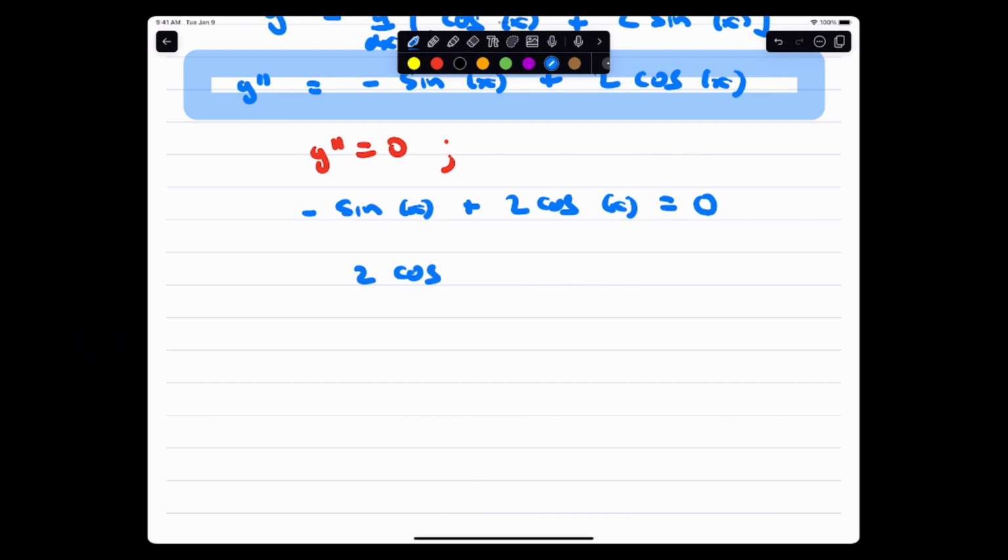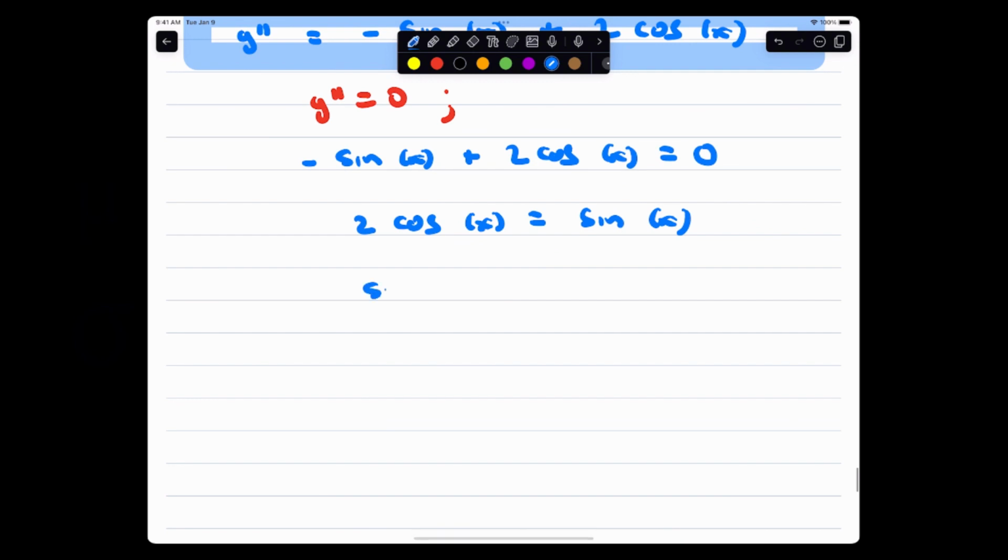And then you have what? 2 cosine is what? Sine. Okay, and you got a nice trig equation, and this means that sine over cosine, divide both sides by cosine, right?